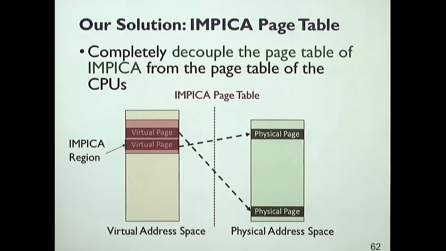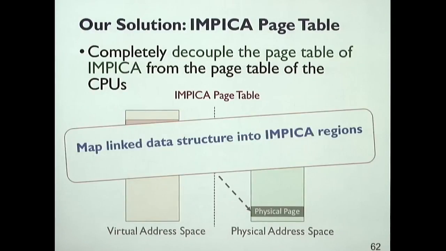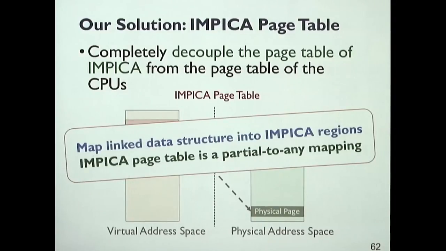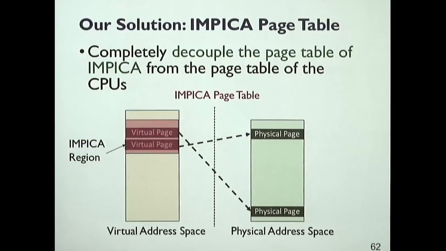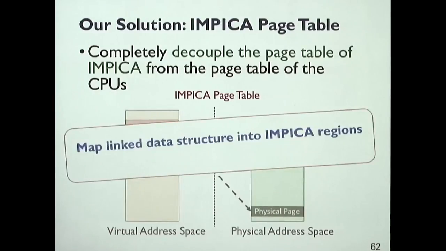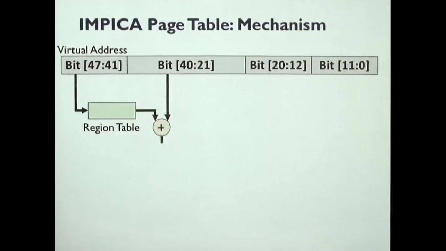Basically, you can only allocate your data structure from this MPICA region in the virtual address space. And you map the linked data structure to that MPICA region, and that's a partial to any mapping. You can read the paper for more detail. And that way, the accelerator needs to track only this region. Make sense? So the accelerator doesn't need to track the entire virtual address space.